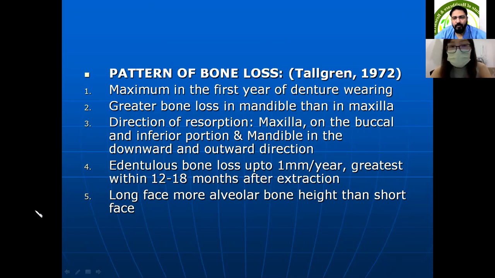So what is the pattern of bone loss? According to Tallgren in 1972, it is maximum in the first year of denture wearing. Greater bone loss in the mandible than maxilla. Direction of resorption: in the maxilla, upward and inward, and in the mandible, downward and outward.